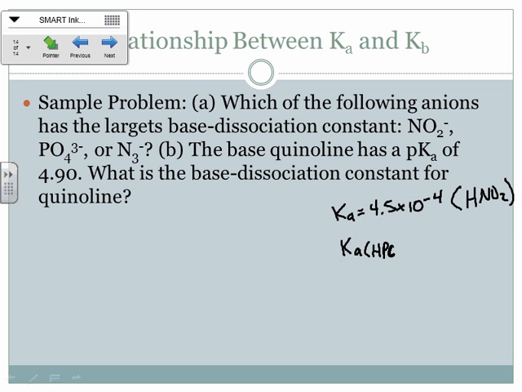The Ka for HPO4²⁻ that I'm finding in the book is 4.2 times 10 to the negative 13th.